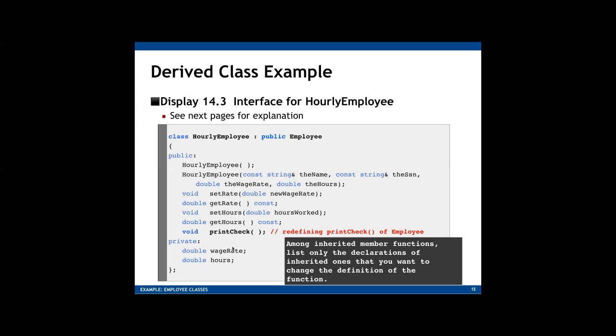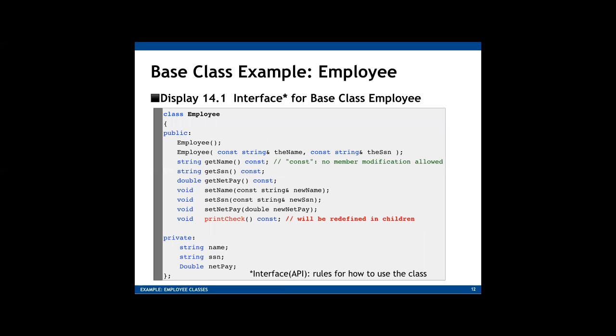But if you want to redefine the inherited members, for example, if you want to change the definitions of inherited member functions, you have to explicitly declare them. So as shown here, print check is a member function declared in the Employee class.